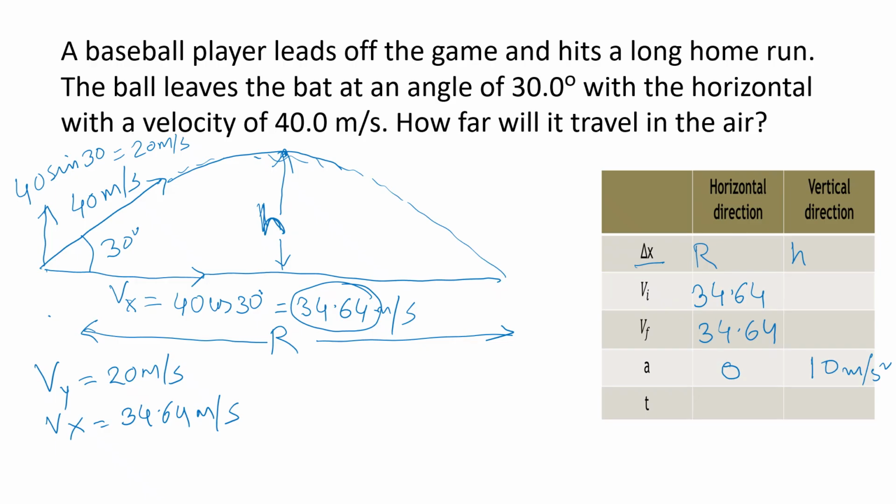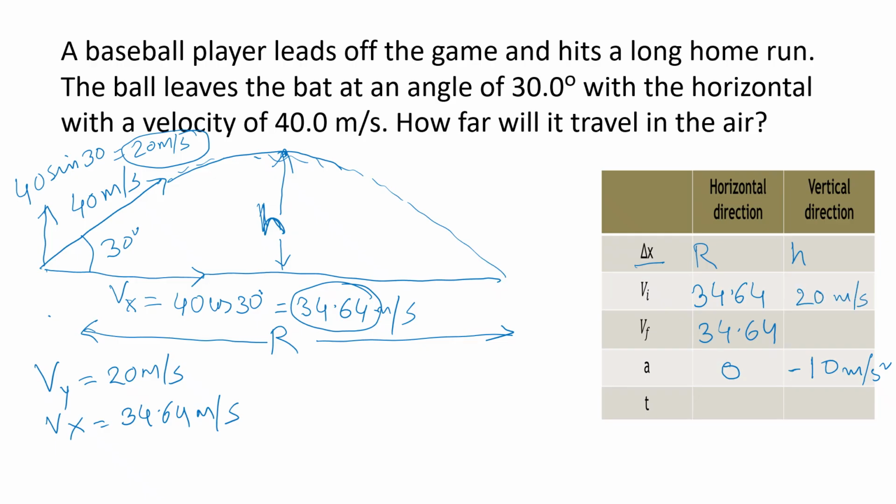That's the acceleration, which is negative, of course. Negative 10 meters per second squared, which is always acting downward. Now for the vertical direction, the initial velocity is 20 meters per second, as you can see in the picture. So we are going to write 20 meters per second for the initial vertical velocity.